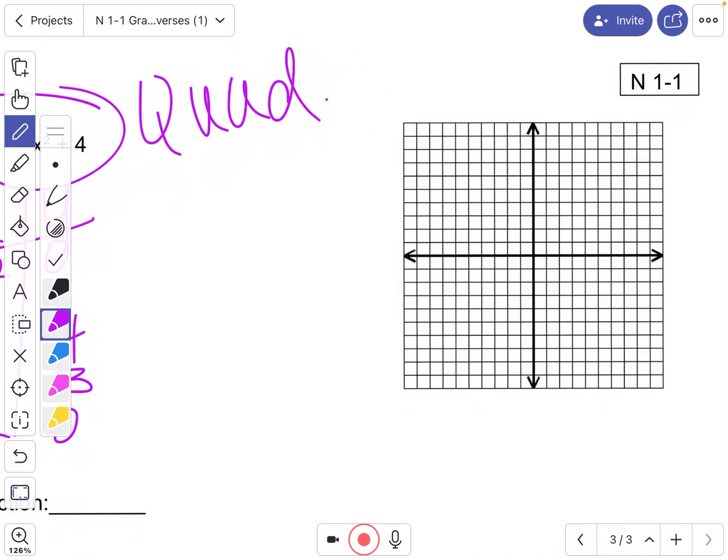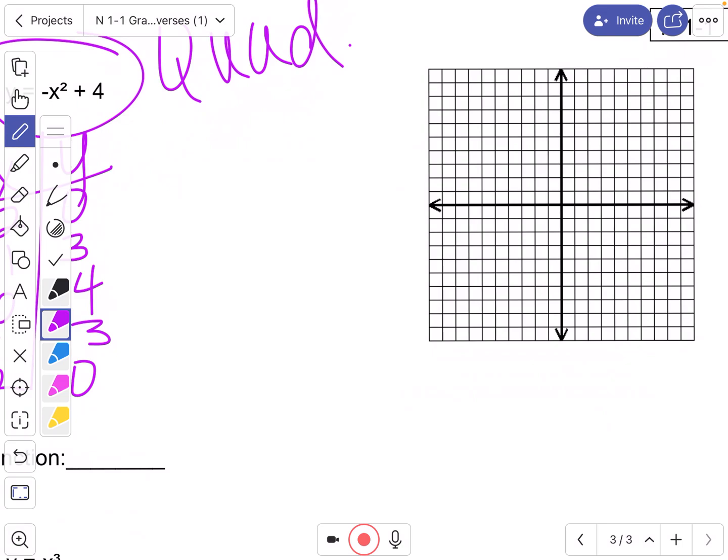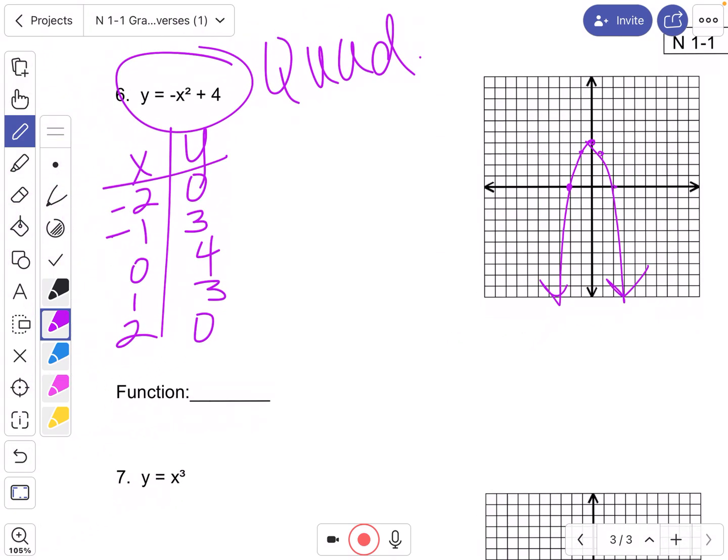So I'm going to go ahead and plot those. We're going to connect them and then make sure you extend it throughout the graph.